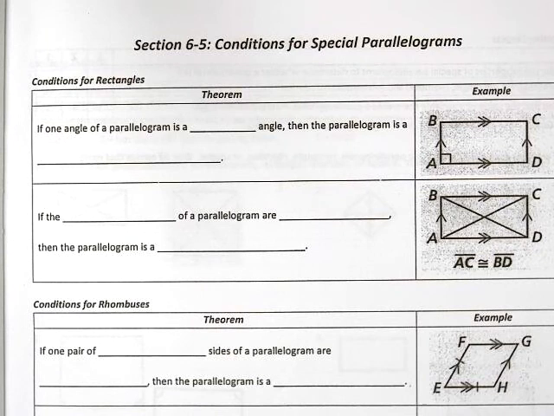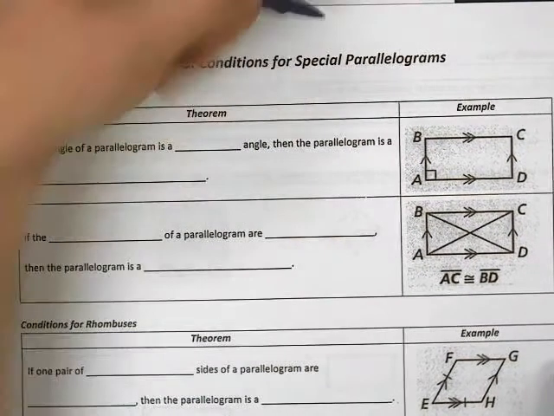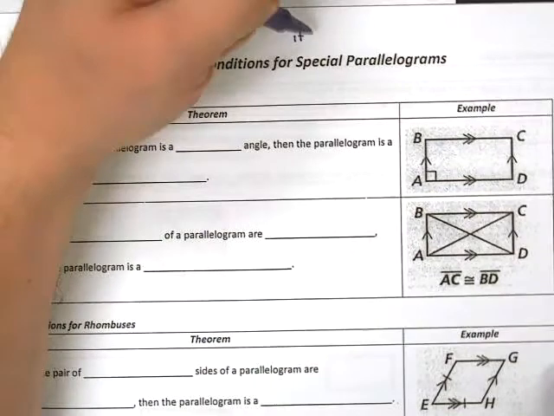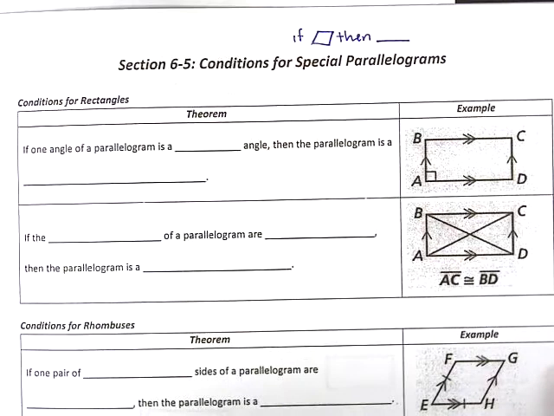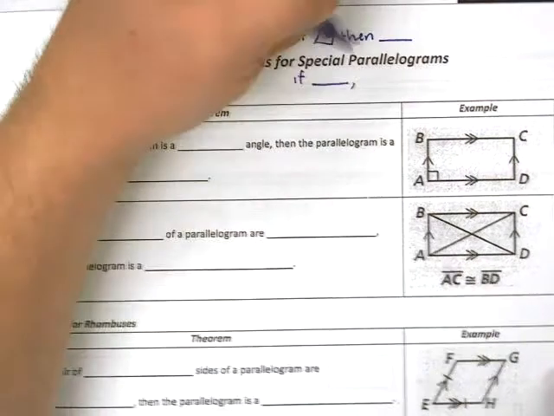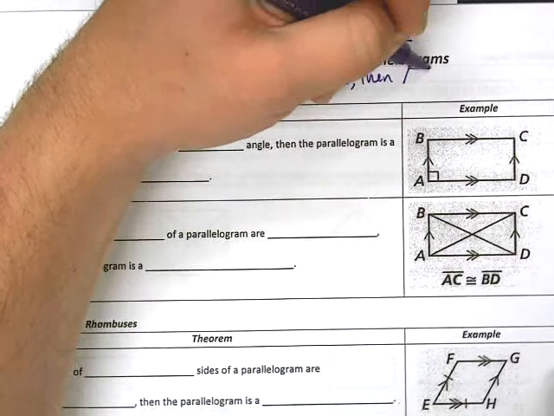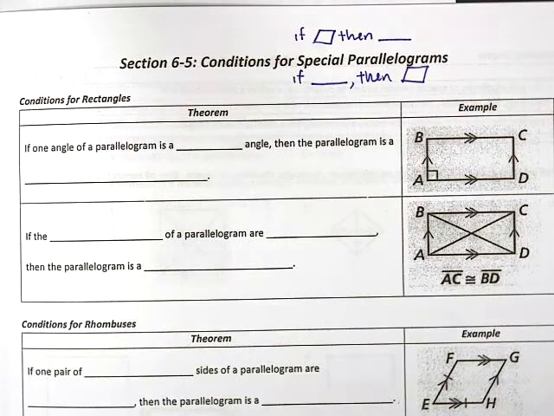Okay, so similarly to what we did back in 6-2 and 6-3, where we first started by saying "if parallelogram, then blank," and then we switched to "if blank, then parallelogram." All right, so we're just flip-flopping. Just like 6-2 to 6-3, now same thing between 6-4 and 6-5.